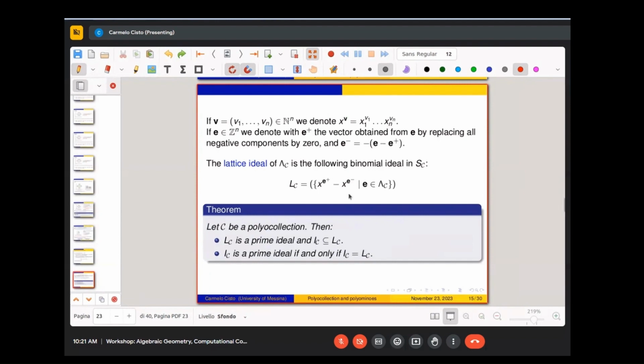Considering the ideal generated by all these binomials for all vectors belonging to the lattice, we define the lattice ideal associated to the collection.